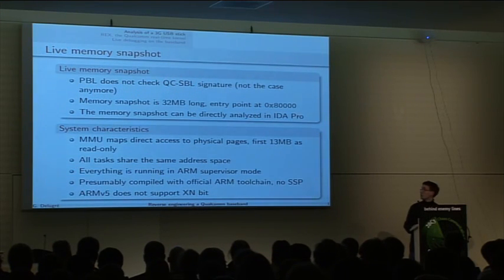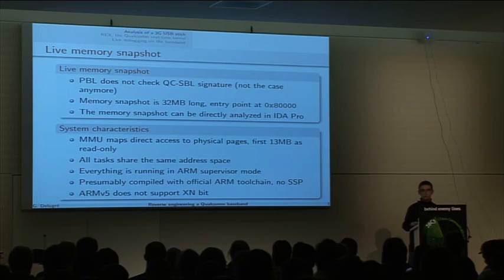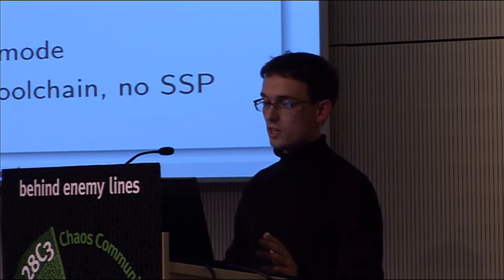So the memory snapshot is 32 megabytes long. You can find the entry point by reversing the bootloader, and it can be directly passed into IDA Pro. From this point, you can already see some system characteristics, like all tasks share the same address space.